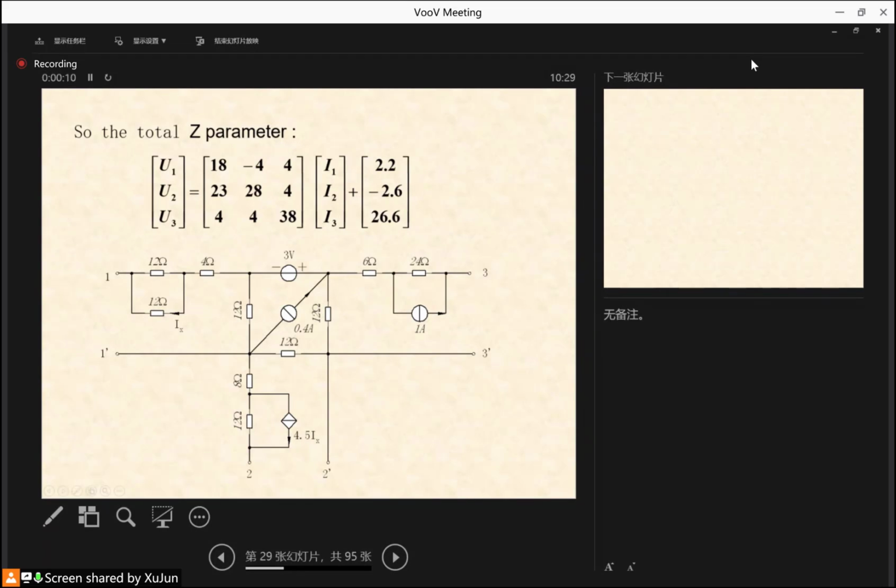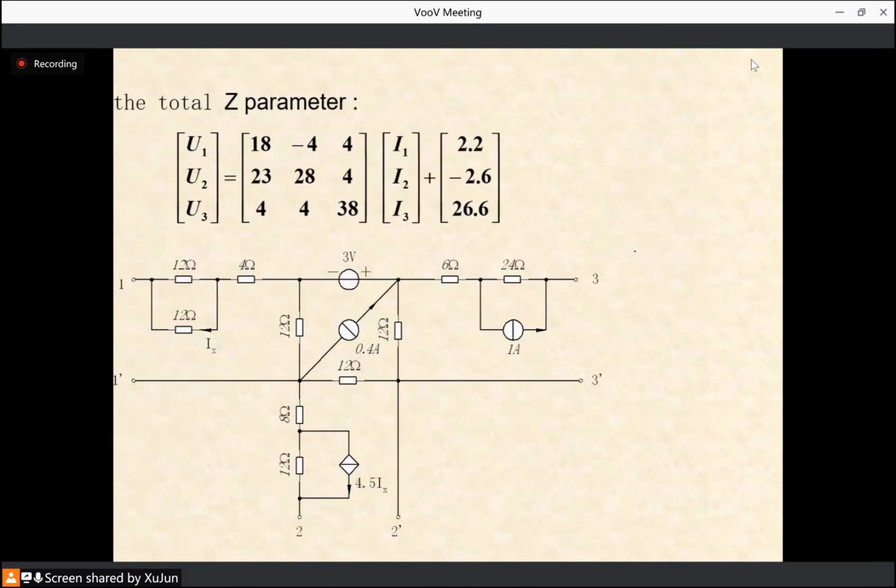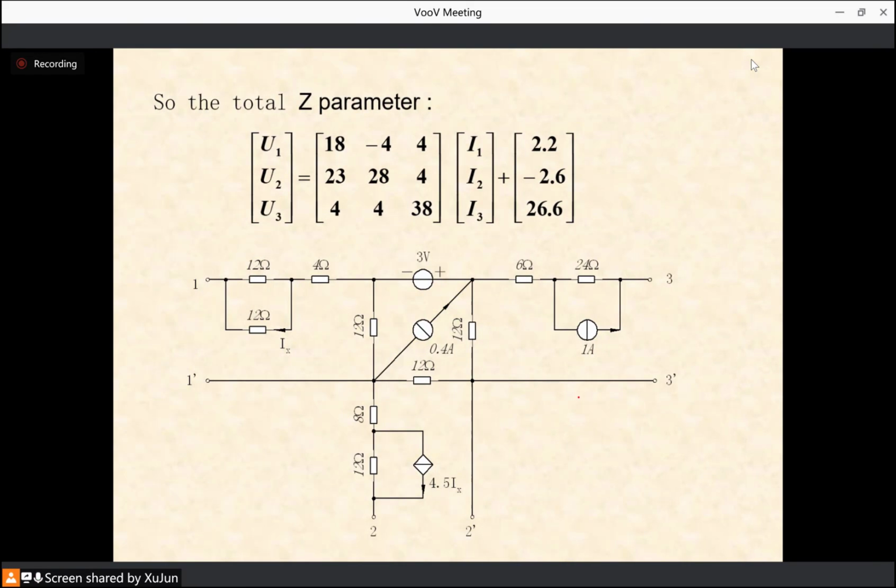So everybody of you should know how to calculate this kind of network: the active multi-port network Y and Z parameter.